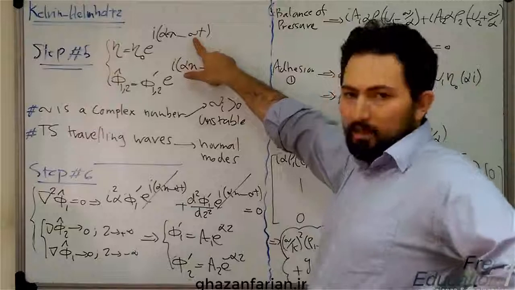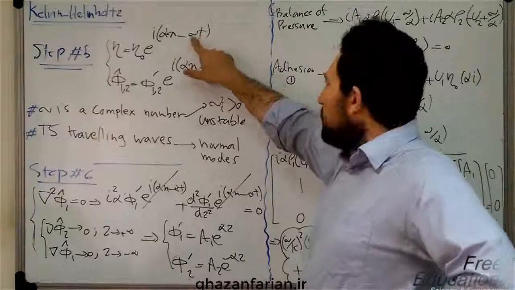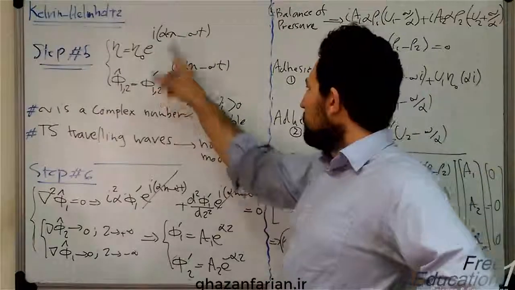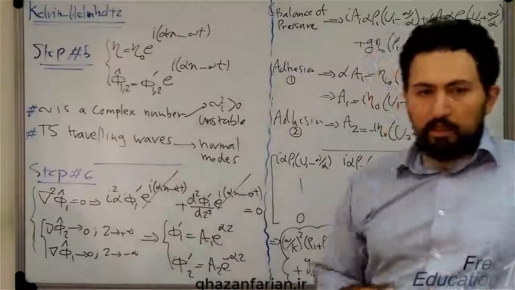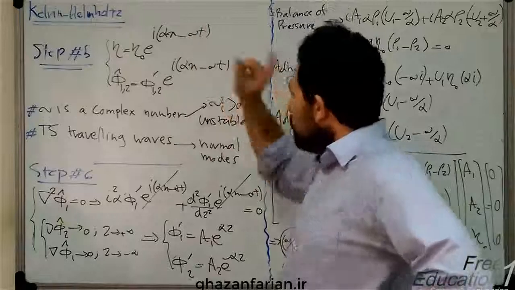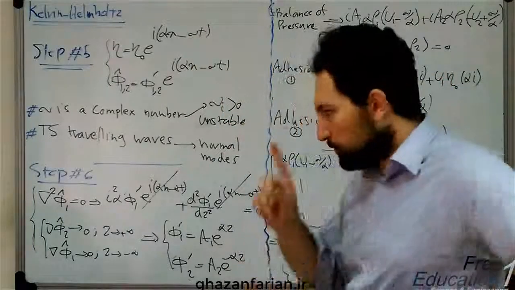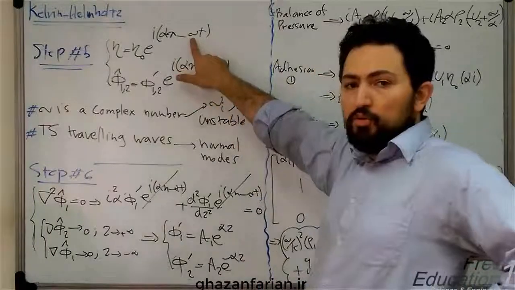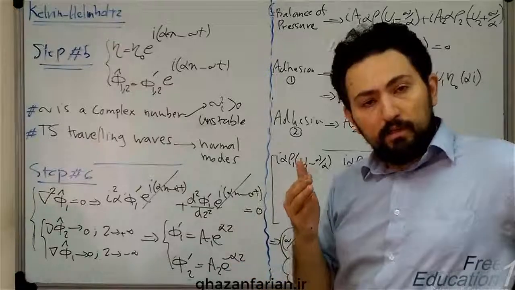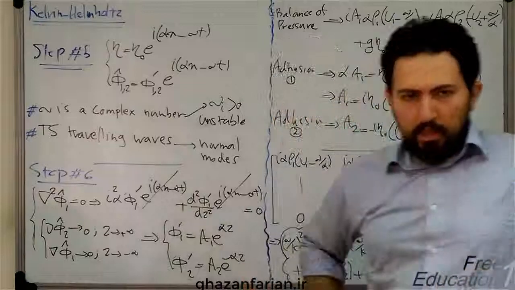Similarly, if sigma is a real number, again t is a real number time, so the product of i and a real number is an imaginary number. e to the power of an imaginary number cannot be an unbounded solution. So when you are going to investigate the temporal instability, sigma should be a complex number. If you are going to investigate spatial instability, alpha should be a complex number.